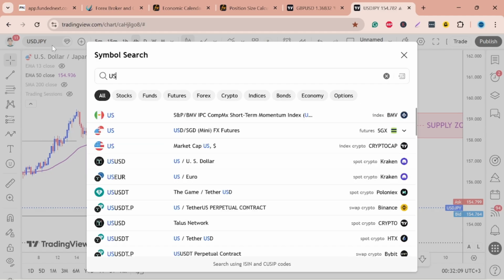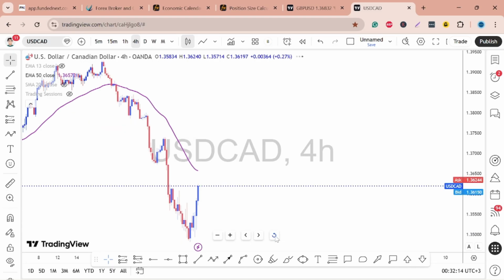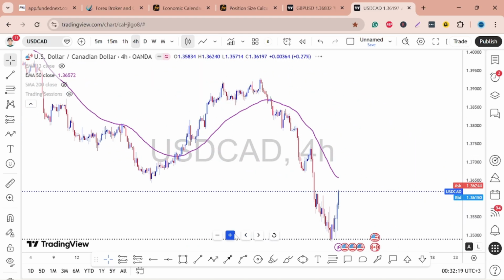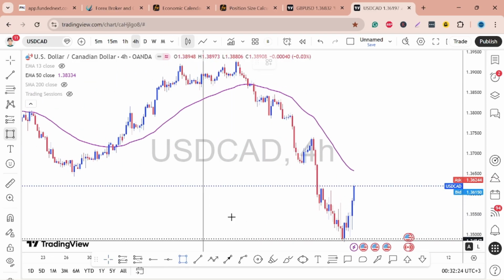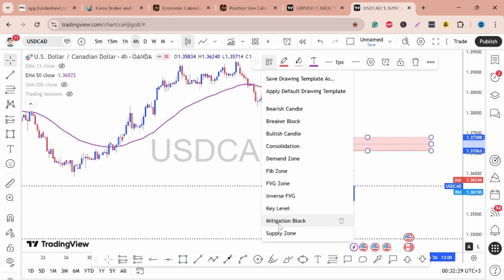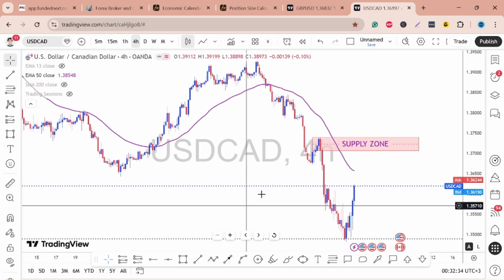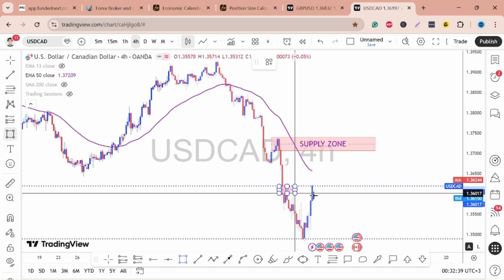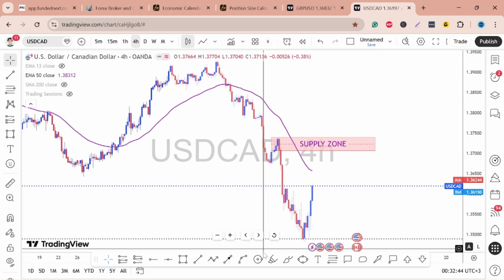USD CAD. Now, quite a bearish market, similar to USD JPY. So this would be your ideal price to go short, if the current level, which I don't think is going to hold actually.